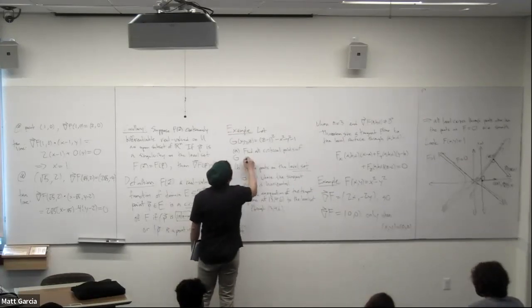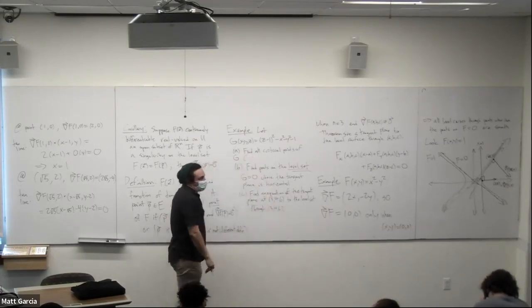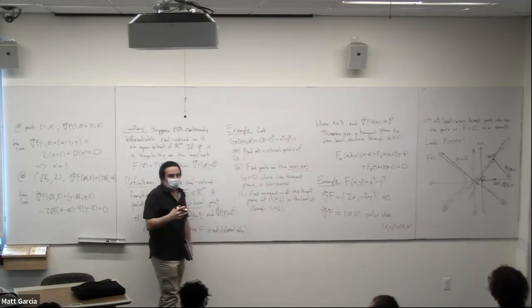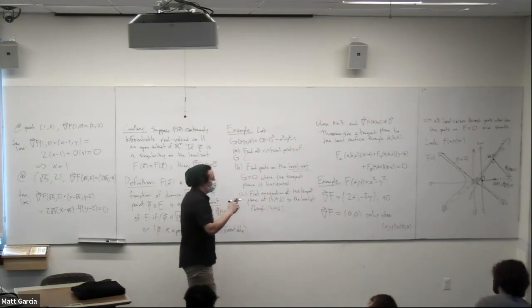Oh, let me just note here: find any critical points of g. What are the critical points? Places where the level set might not be smooth. Might not be smooth. Right?